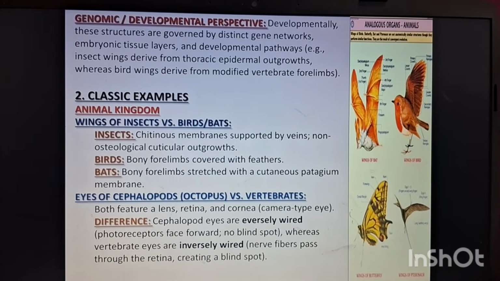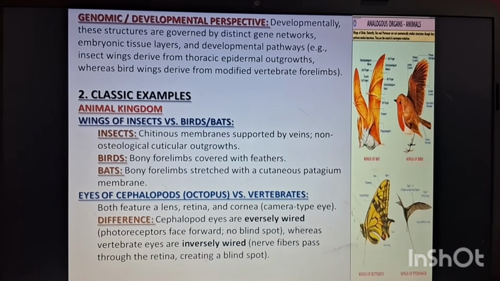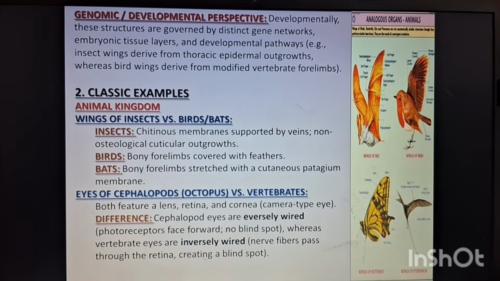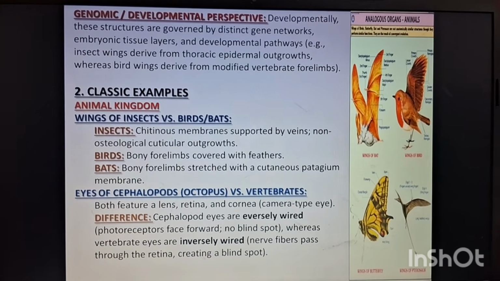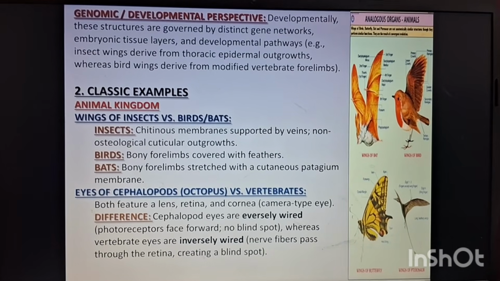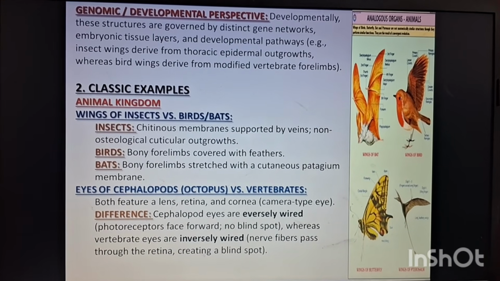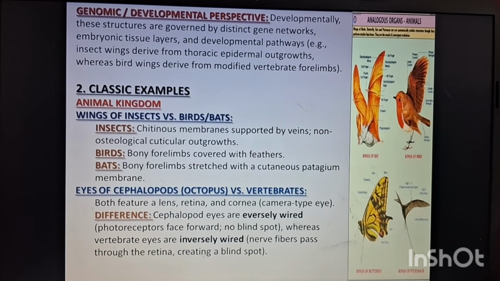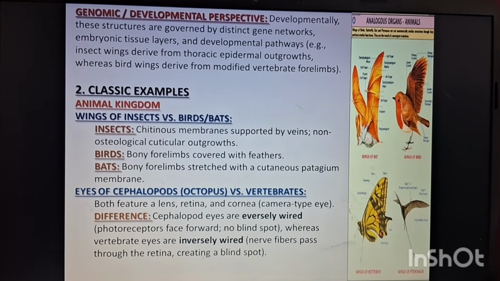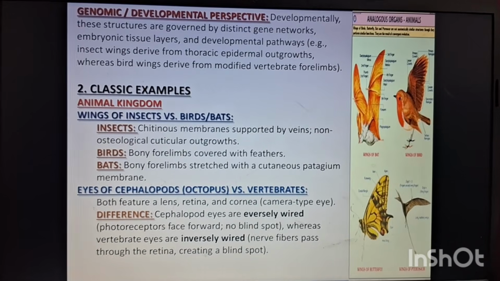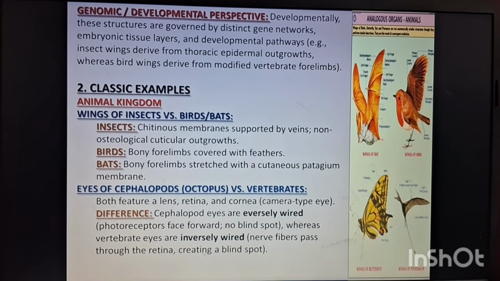At first, in animal kingdom, wings of insects versus birds and bats. Insect wings are chitinous membranes supported by veins, a non-osteological cuticular growth, and bird wings are bony forelimbs covered with feathers. Bat wings are bony forelimbs stretched with cutaneous patagium membrane.